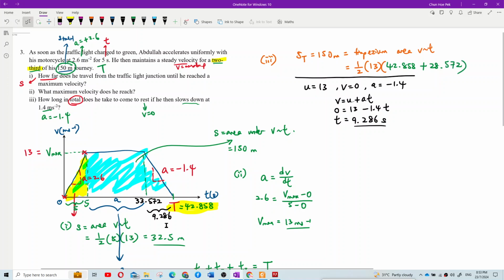That means if you calculate this, you should get 150. Is it true?